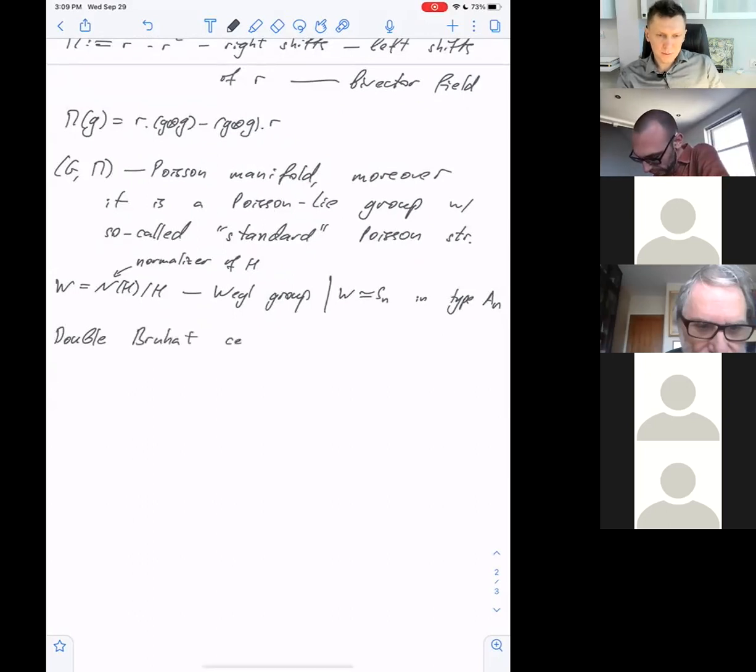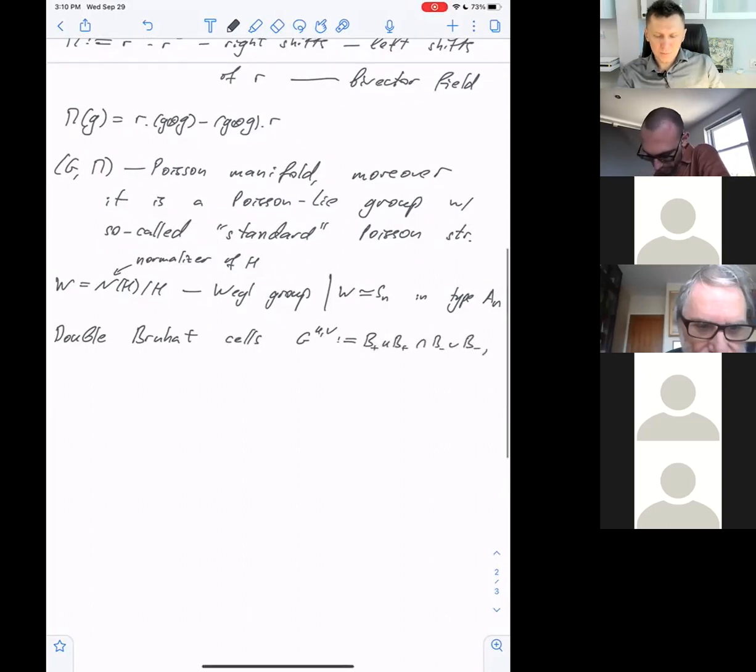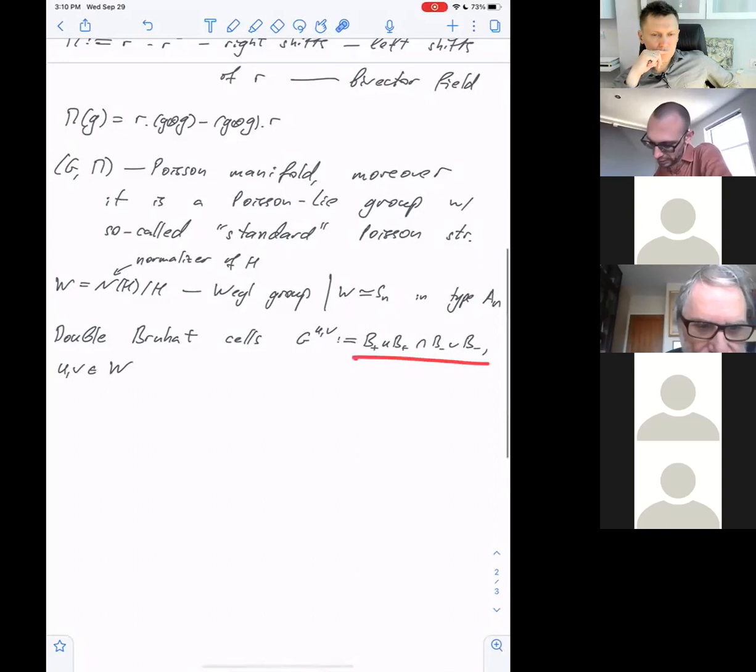These are denoted G^{u,v}, and they are by definition the submanifold B+ u B+ intersect B- v B-, where u and v are two elements of the Weyl group. When I write that, I use a notation: really, you take u and v elements of the Weyl group, take their representatives in the normalizer of the torus, so they lie in the group, and then you can form these.